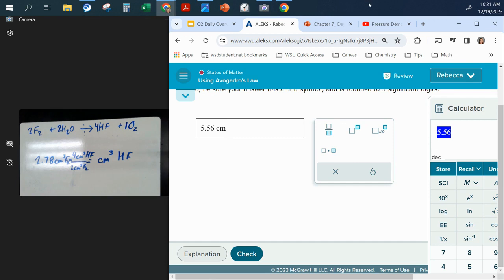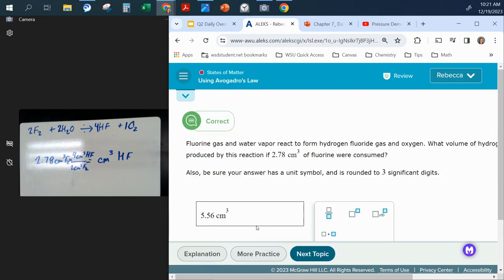And this one again, this one will ask for a unit. Centimeters cubed is the volume. Okay, questions on that one?